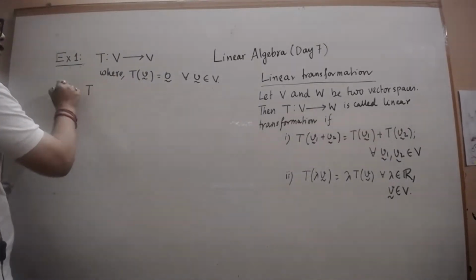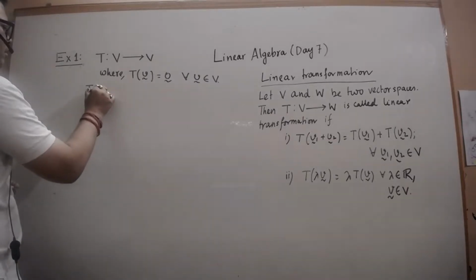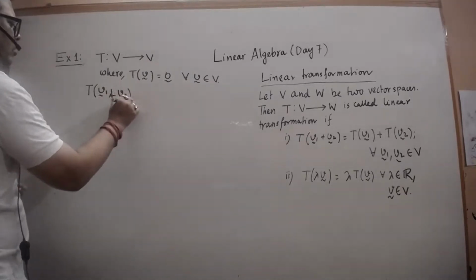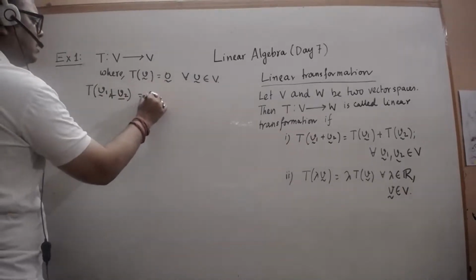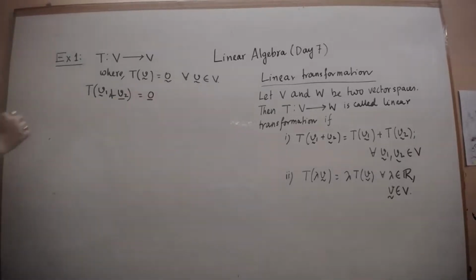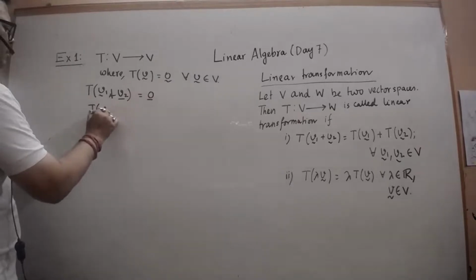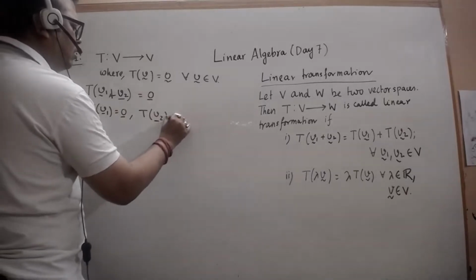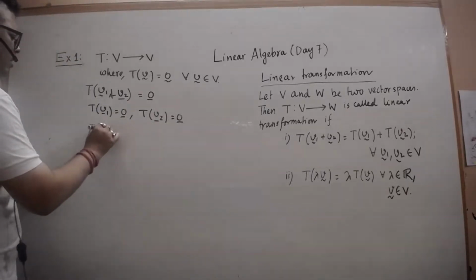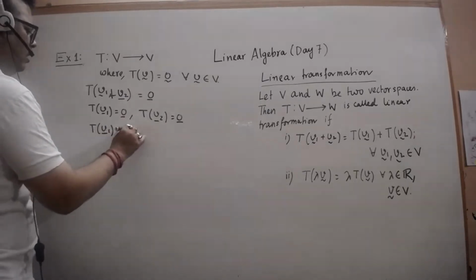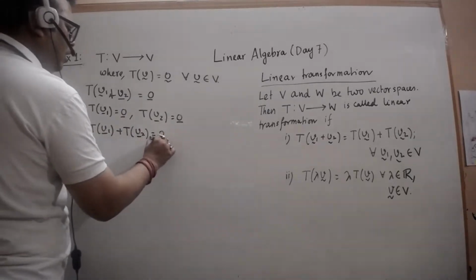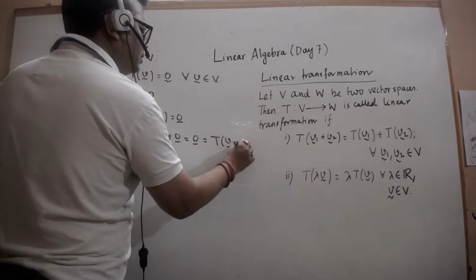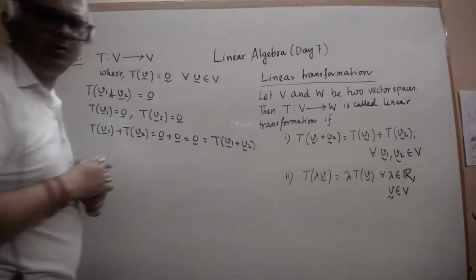Take any two vectors in V, say v1 curve and v2 curve. According to this definition, T(v1 curve) is again a zero curve, T(v2 curve) is again a zero curve. So T(v1 curve plus v2 curve) equals zero curve plus zero curve. This gives zero curve, which is equal to T(v1 curve) plus T(v2 curve).